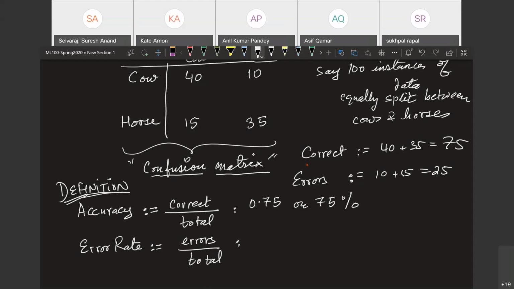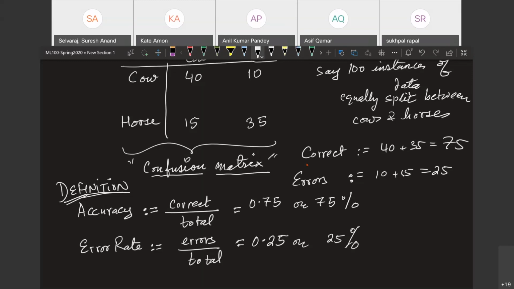And so here it would be 25 over 100, I'll just write it as 0.25, or the other way people often speak about it, 25% is the error rate.